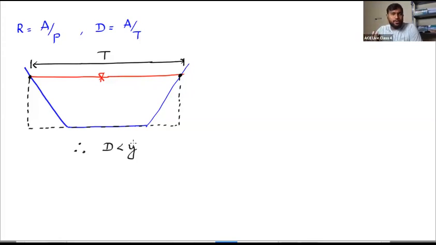Now, let's see what I am going to do. Now, inscribe a triangle. You keep the top width, T, the same.